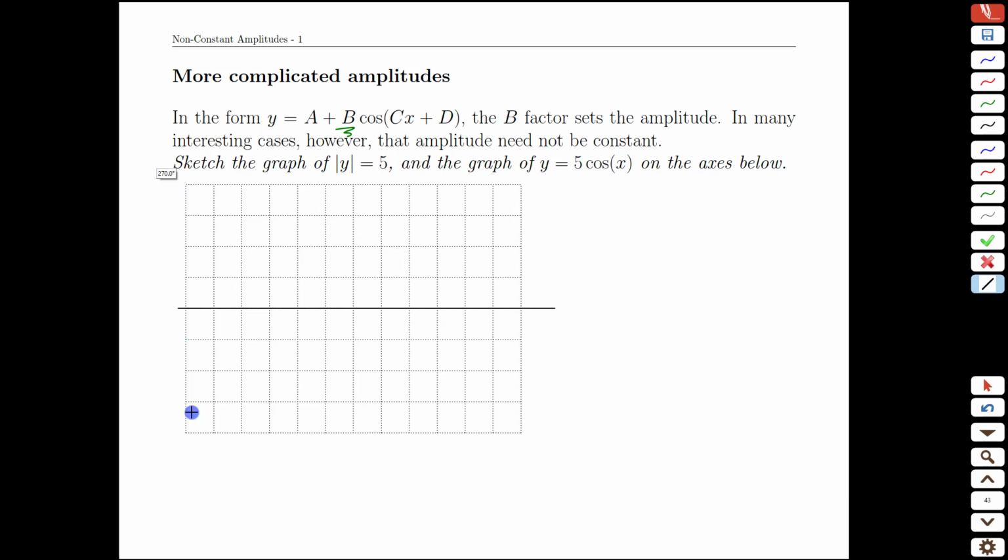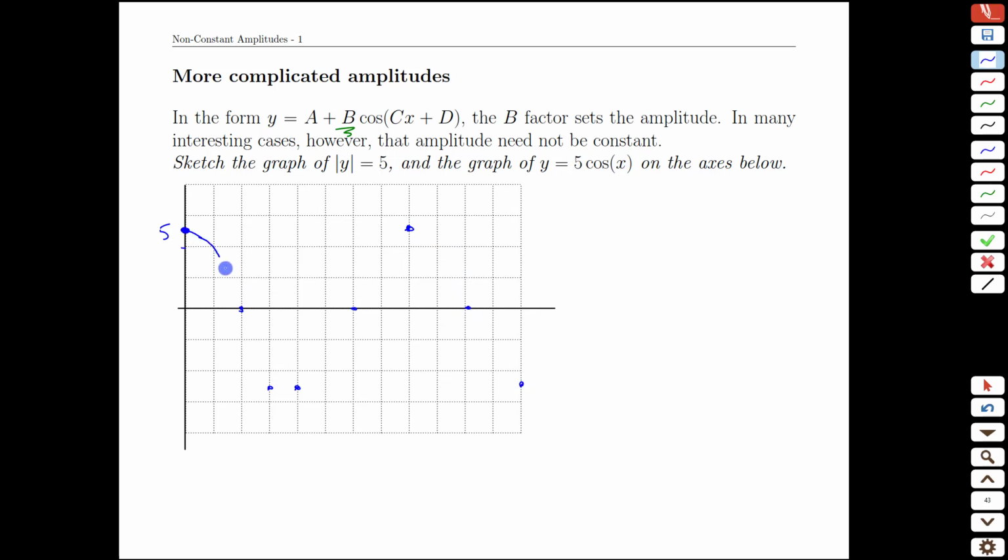Now we know what the amplitude means. It means that the graph, if it's cosine, starts at its peak, and it's going to have an amplitude of 5, so we go up 5, and then we're also going to go down 5, and then we're going to go up to 5 and repeat, like so.